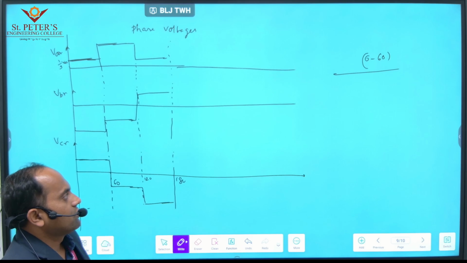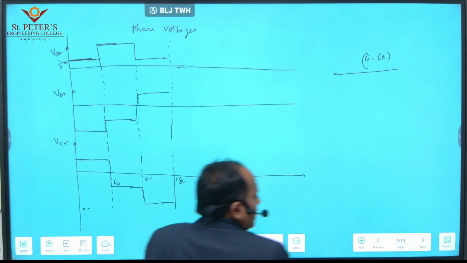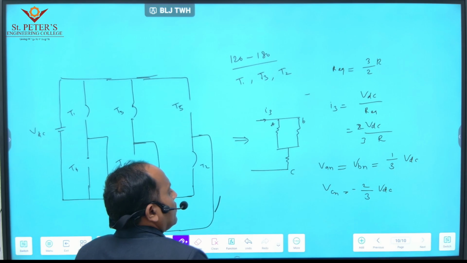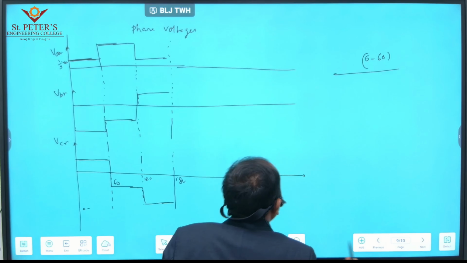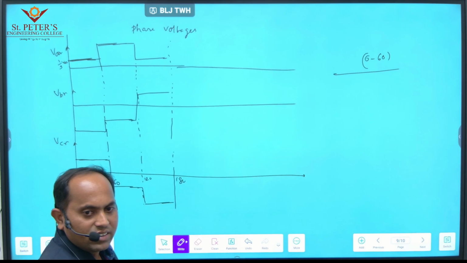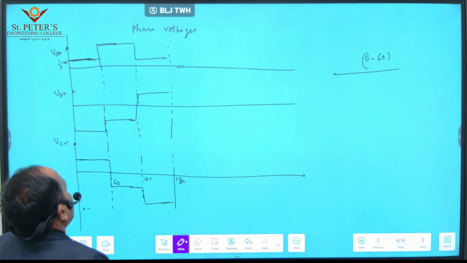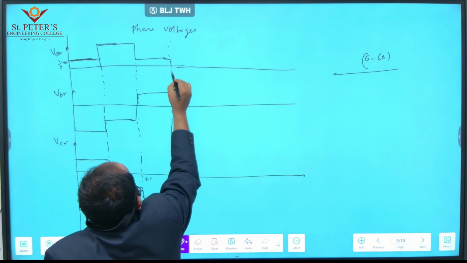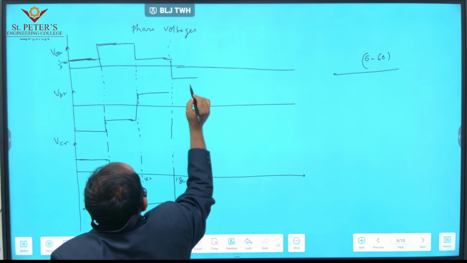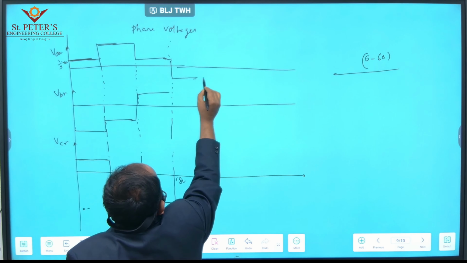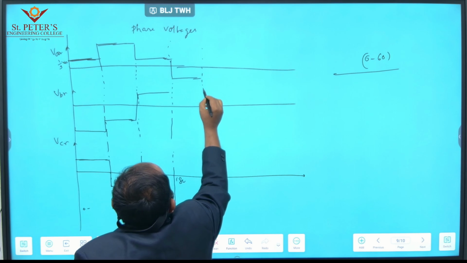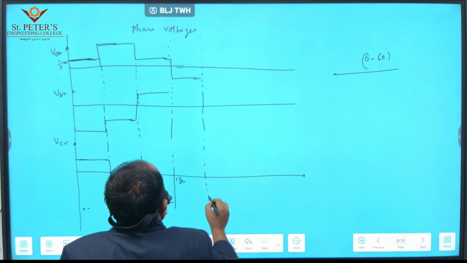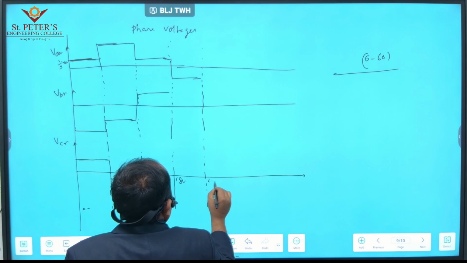For the next half cycle we have to calculate all phase voltages, otherwise you can repeat the same cycles. I am repeating the same cycles. For the next one, negative 1 by 3 VDC for phase A, from 180 to 240.